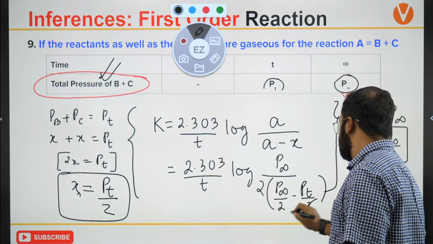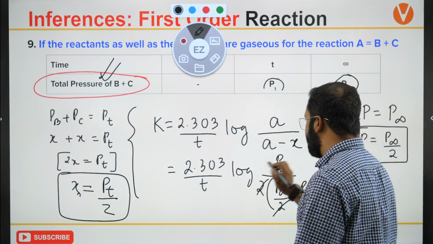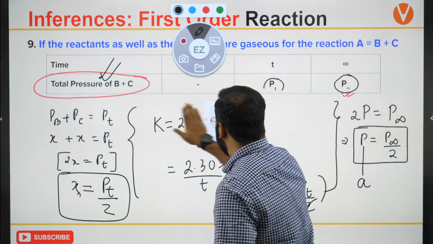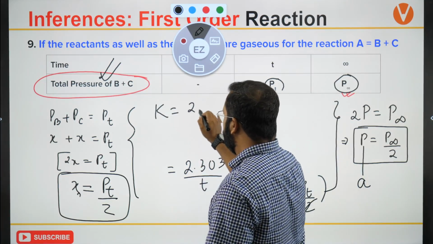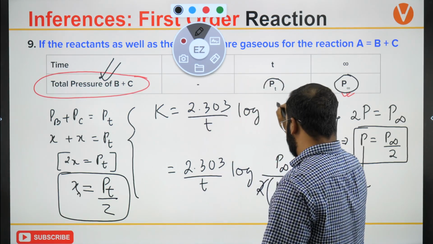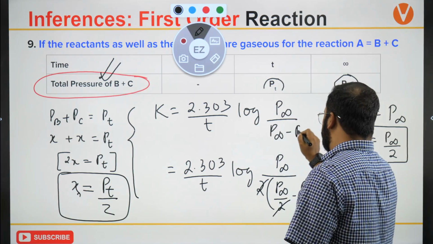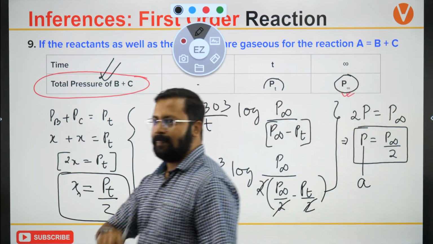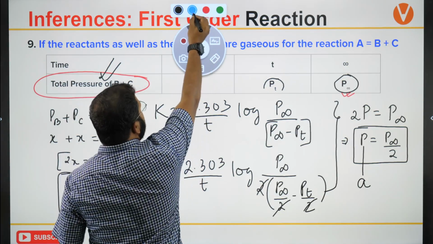This will get cancelled. Our expression will be, क्या हो जाएगा हमारा expression? K will become equal to 2.303 by T log of P infinity by P infinity minus PT. ओके, ये हो जाएगा हमारा एक्सप्रेशन. दिस इज आवर एक्सप्रेशन.